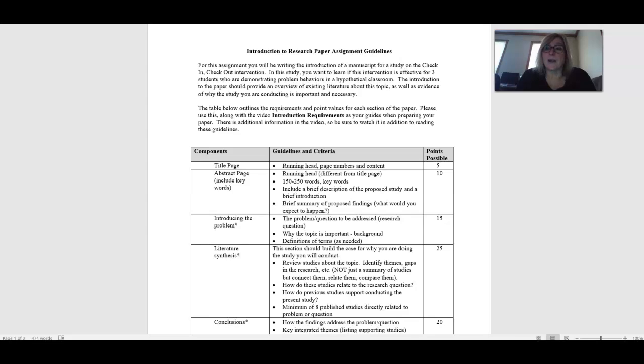You're going to write an abstract for this paper. So you're going to pretend that you completed your intervention, and we'll say that your intervention was successful. So you're going to write that abstract as if you had completed the whole paper, including the information that needs to be in there.